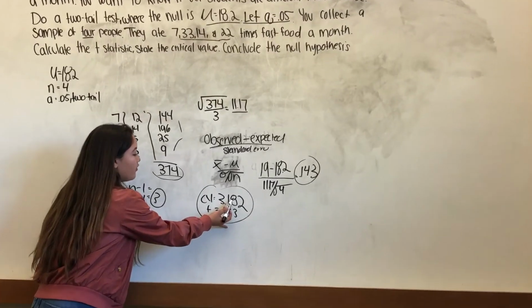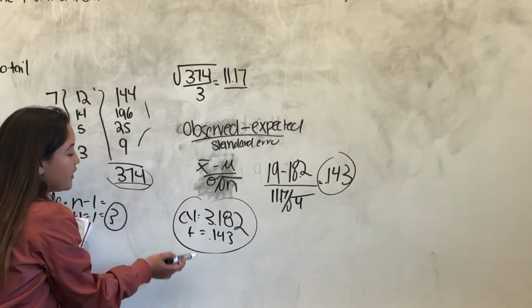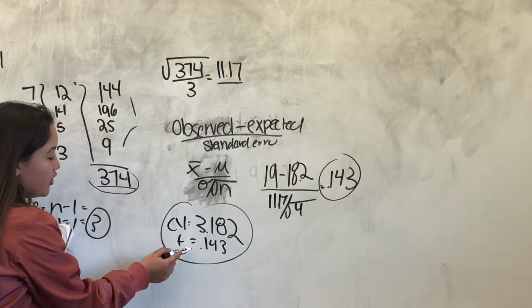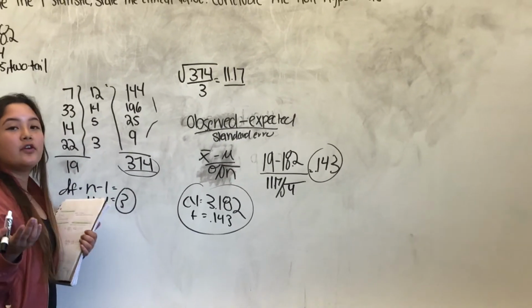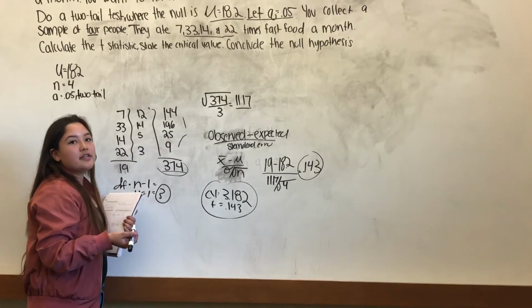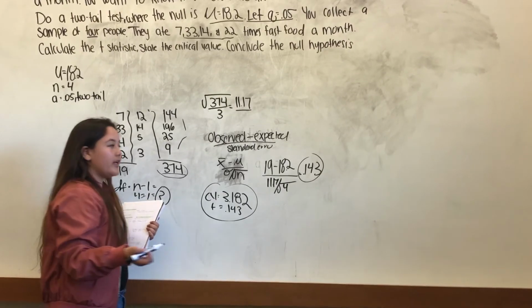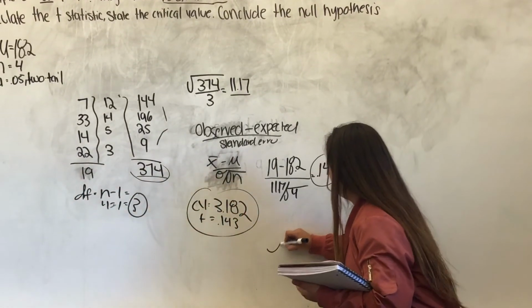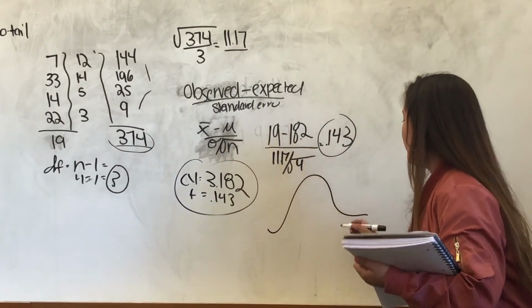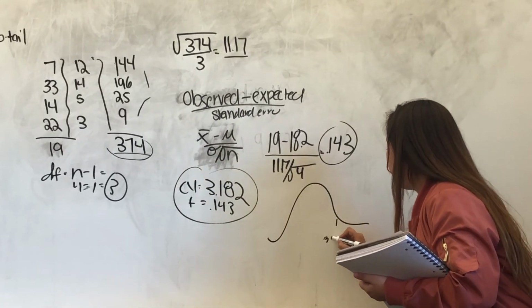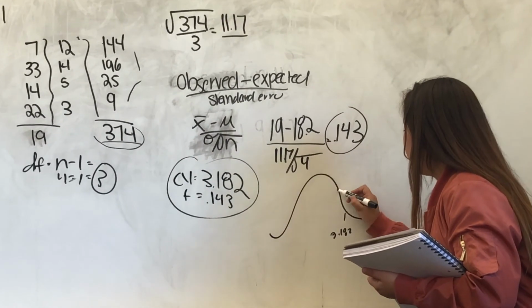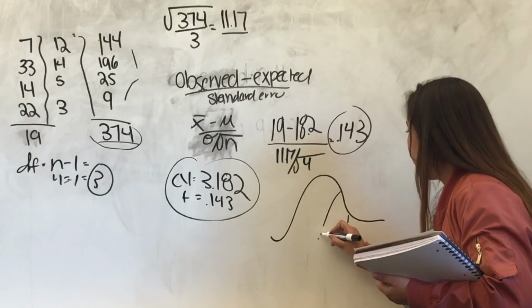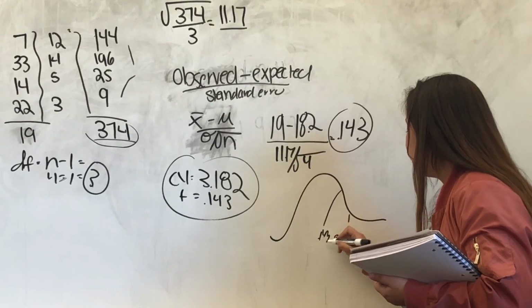This is the critical value, and this is our t-value, and because the critical value is larger than the t-value, we're going to fail to reject our hypothesis. We can visually see this with a normal distribution. The critical value would be placed at 3.182, and the t would be placed somewhere along these lines, 0.143.